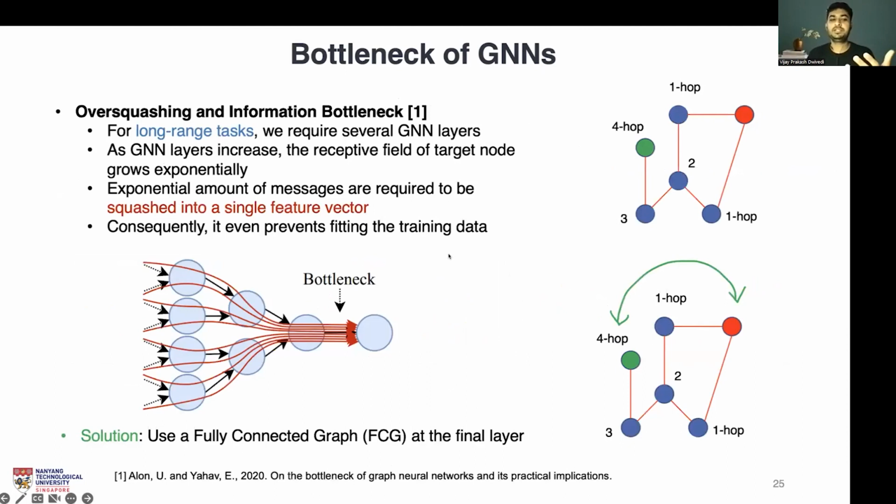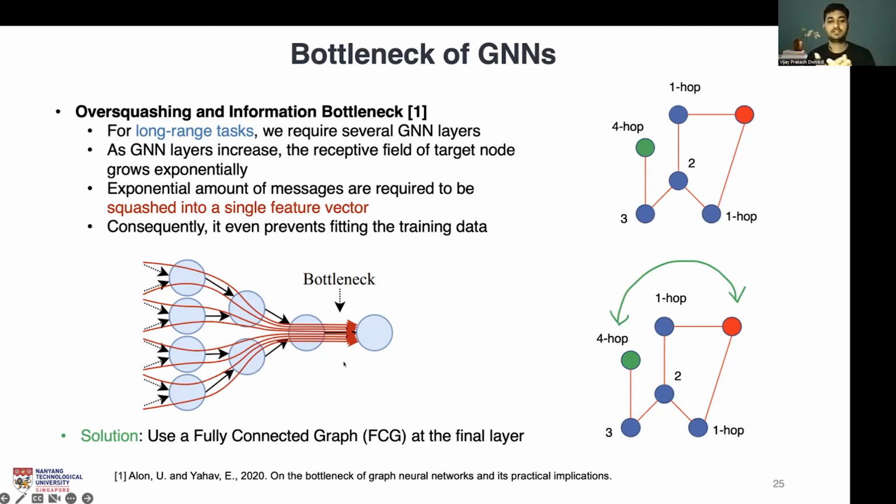The second bottleneck of any message passing GNN is the problem of over squashing. If we have a long-range task, meaning information propagation between distant hop neighbors is required, we may require several GNN layers to propagate information. As GNN layers increase, the receptive field of the target node grows exponentially, as shown in this graph.